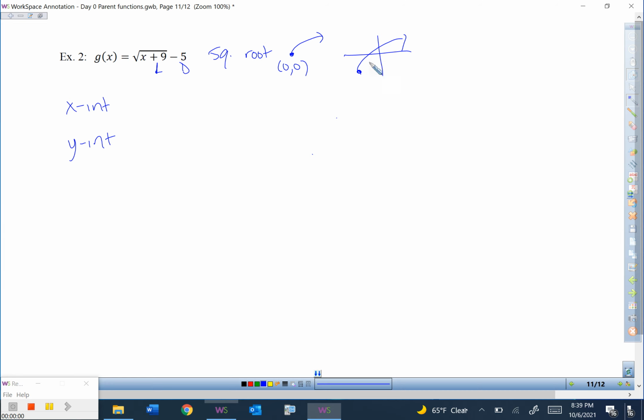There is a possibility that we hit it at 0, 0, where the x would be the y-intercept. Not sure where it crosses over at this point. That's what the math will help us for on those. We do know the end point, though, and we'll write it as our negative 9 and then negative 5.